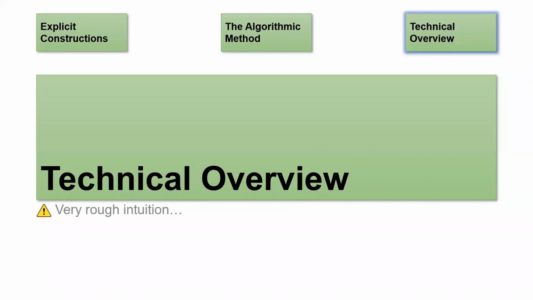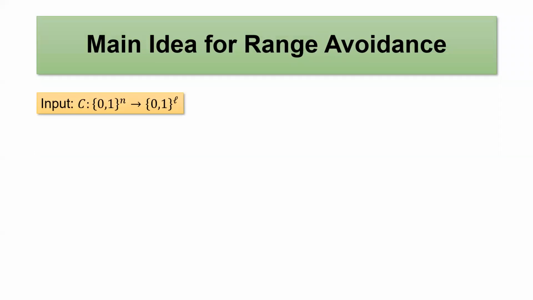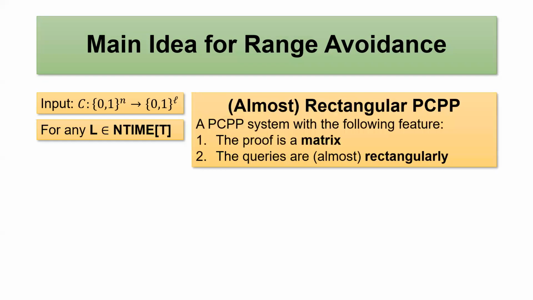Now I'll do a very raw technical overview. For range avoidance, suppose the input is a circuit C. For any language L in non-deterministic time T, we consider a rectangular PCPP for L. Here, PCPP stands for probabilistically checkable proof of proximity.